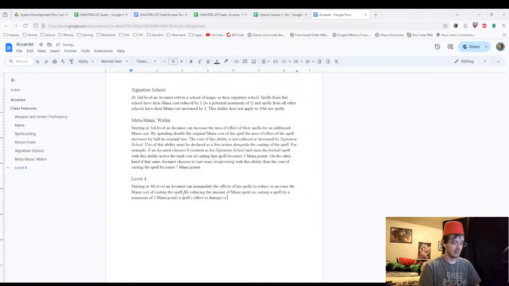Spell's effect or damage is reduced. Yeah, so it's, wait, hold on. By reducing the amount of mana spent on casting a spell, the spell's effect or damage is reduced. Right.